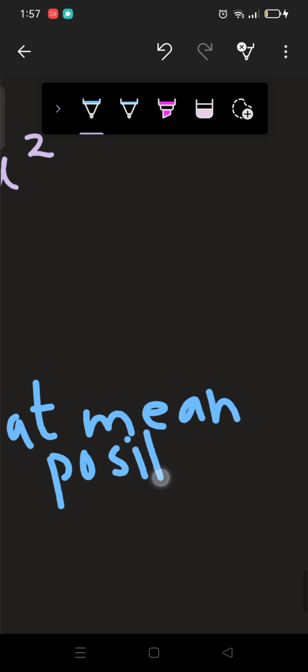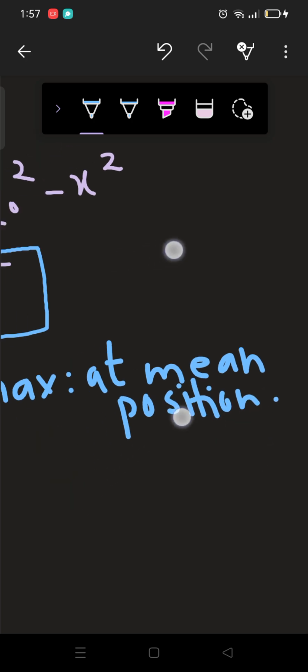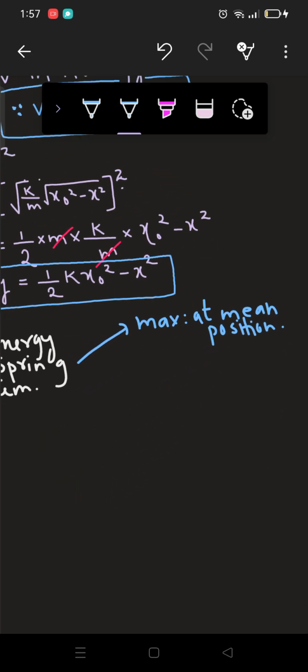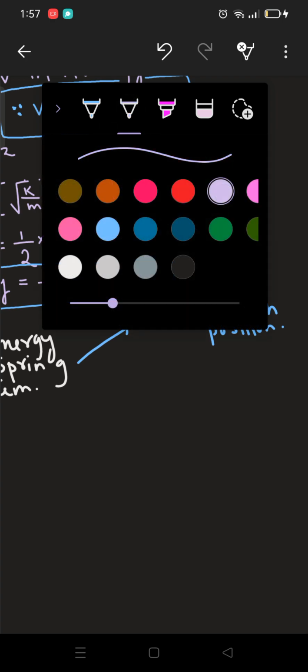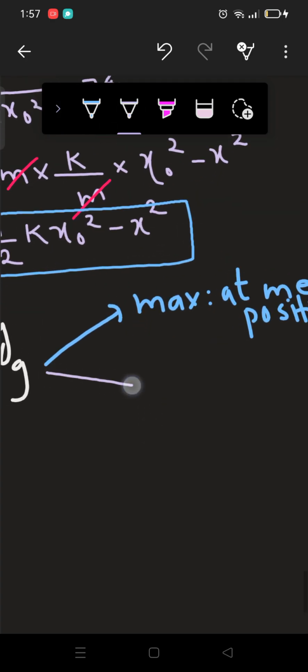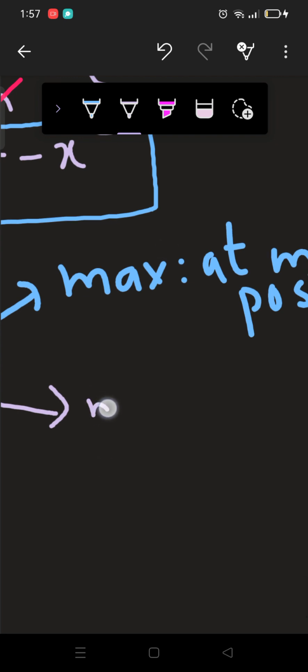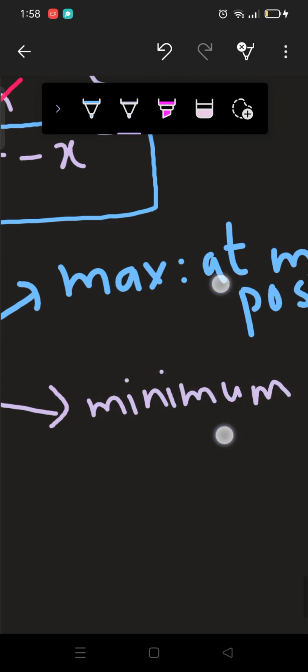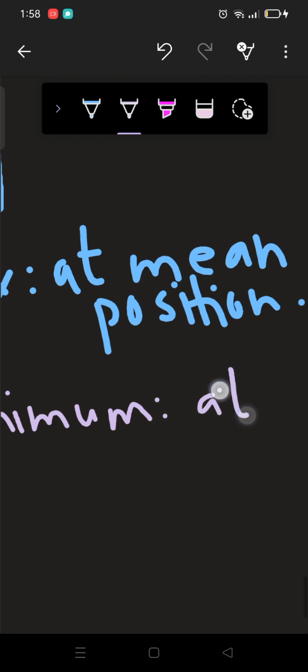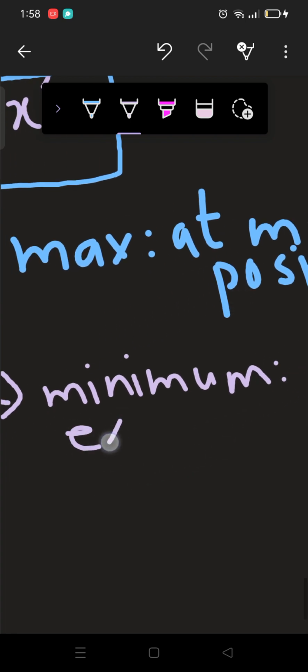And where we're going to have minimum kinetic energy? Minimum kinetic energy we're going to find at the extreme position.